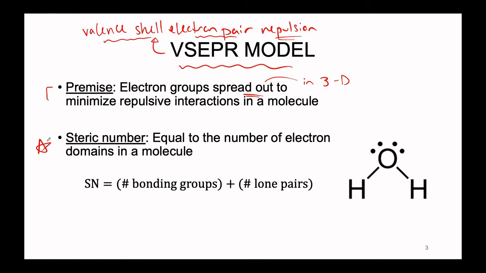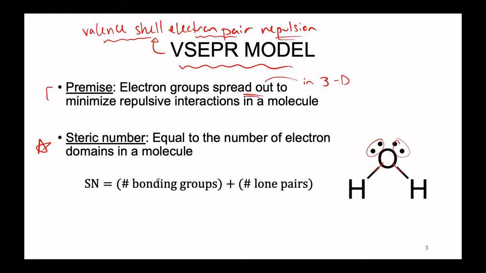It's where all of the bonds or lone pairs are radiating out from. So if we observe the steric number of some central atom, for example, oxygen inside of this water, since it's where the bonding pairs are coming out from, we can see a couple of lone pairs here. The steric number is equal to the number of bonding groups we have, in addition to the number of lone pairs we have.